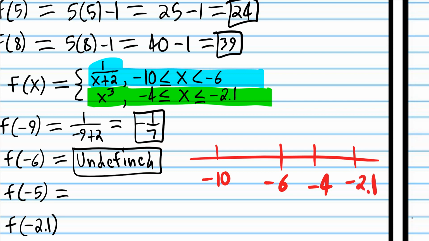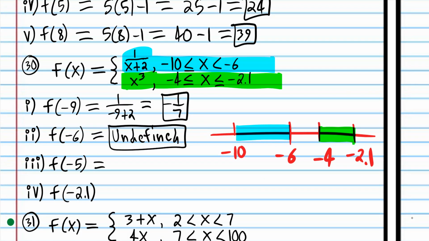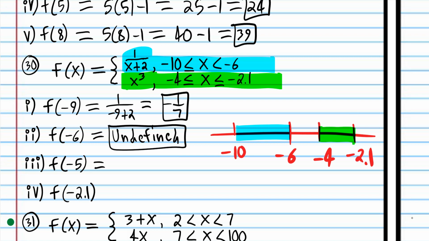So we use the blue equation when we're here, we use the green equation when we're here, but negative 5 is not in the blue or the green interval. Negative 5 is here. So the function is not even defined for negative 5. And maybe I should keep that there.